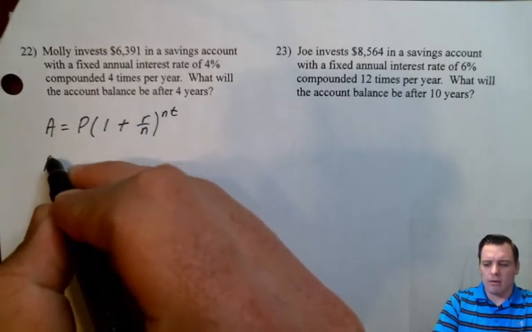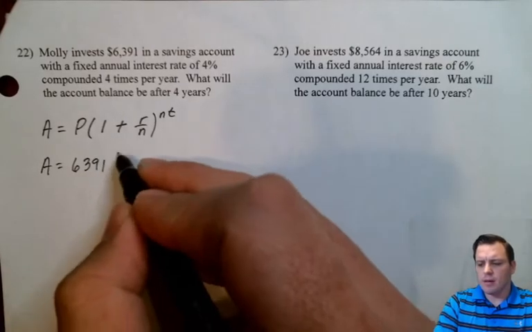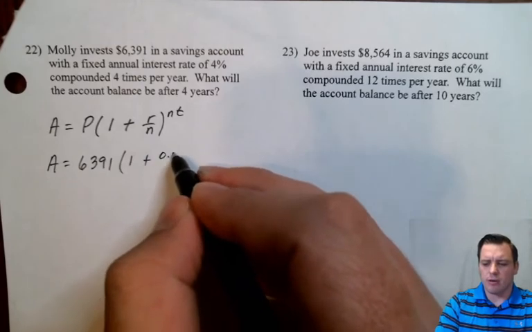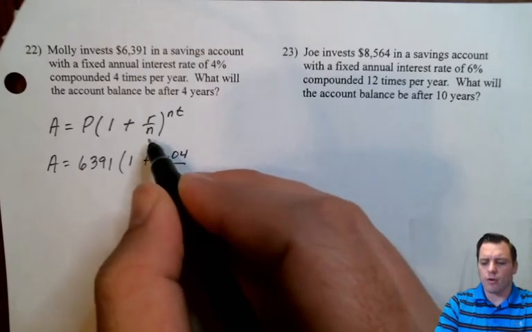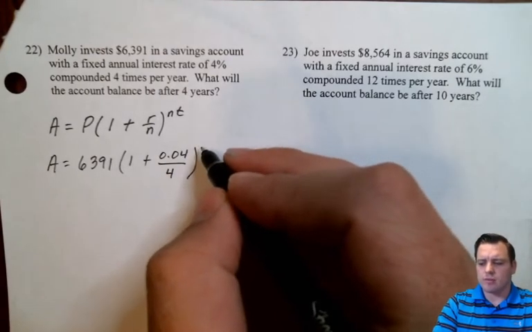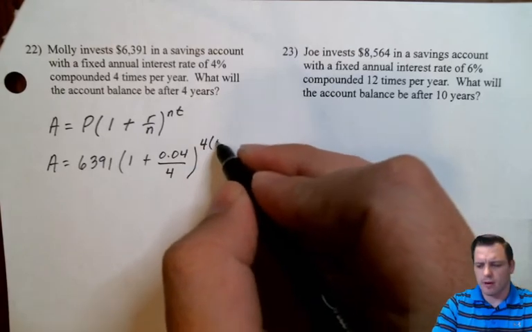So her principal is 6,391, 1 plus the rate of 4%, which is 0.04, over the number of times it's compounded, which is 4, all raised to the number of times compounded times the number of years, which would be 4 there.